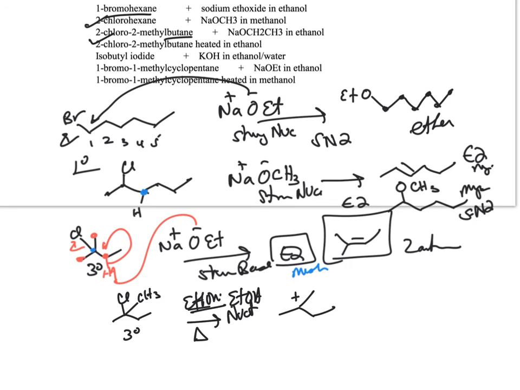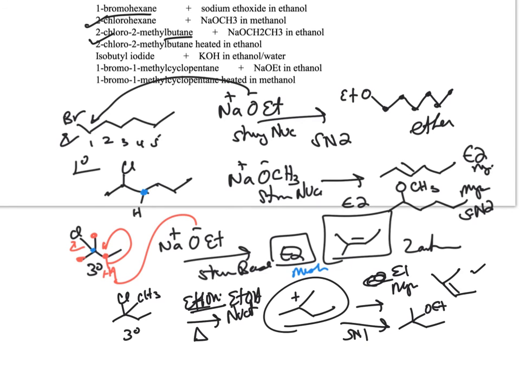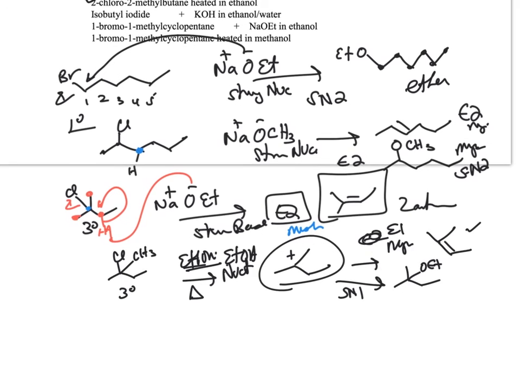This is a tertiary alkyl halide, and once again, your major product will be an E1, and that's also going to give you Zaitsev product, which is the more stabilized, and you're also going to get probably a little bit of substitution here. So that would be SN1. It is already the more stable carbocation, so you don't have to worry about rearrangement.